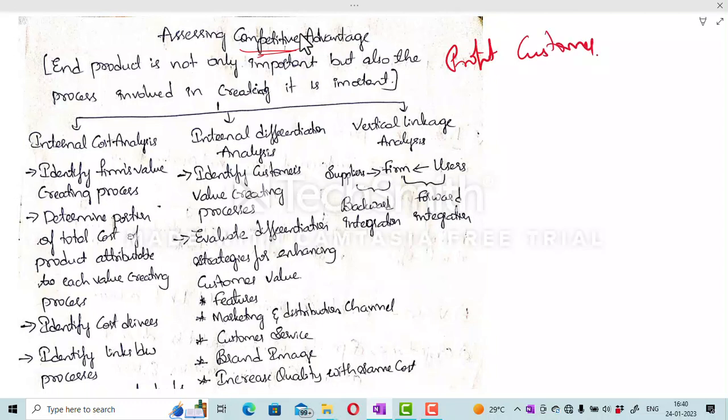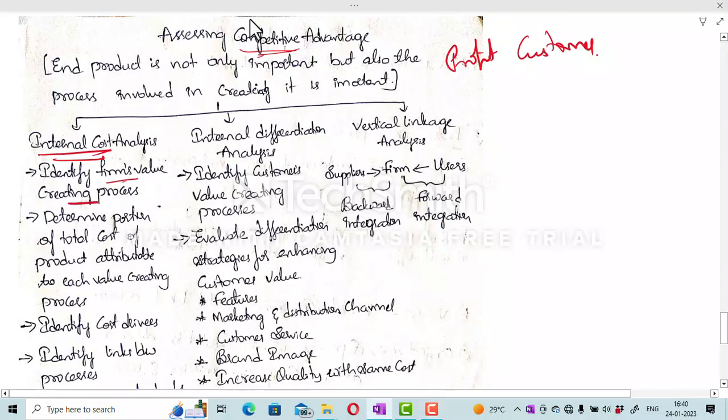So we need to analyze internal cost and identify the firm's value creating process, because we should know what is adding value, or what is the true contribution of each and every activity, each and every process. Then determine the portion of total cost of the product attributable to each value creating process.